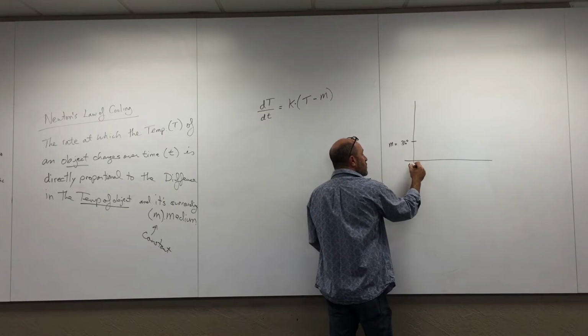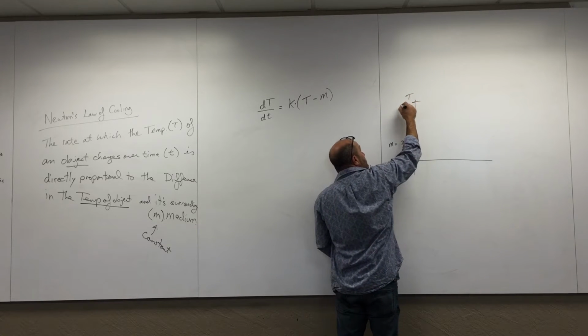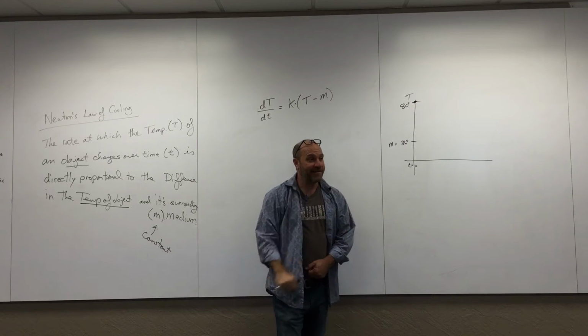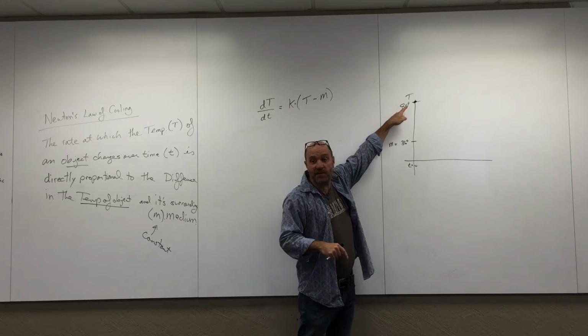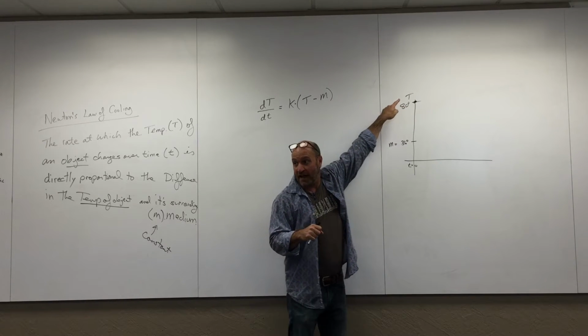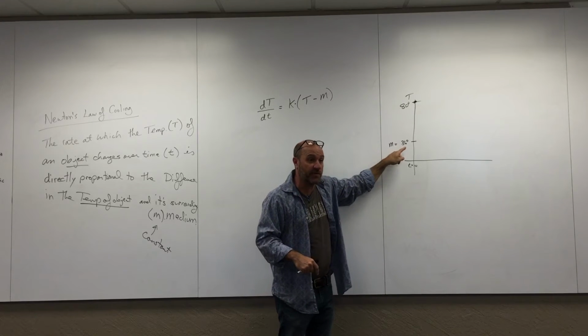And so at T equals 0, I have this hot bottle of water, which is 80 degrees, and I stick it in the refrigerator. So initially, at T equals 0, the bottle of water is 80 degrees. It's a hot bottle of water. I stuck it in the refrigerator, whose medium temperature is 36 degrees.